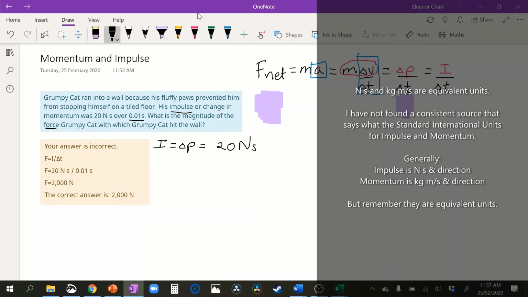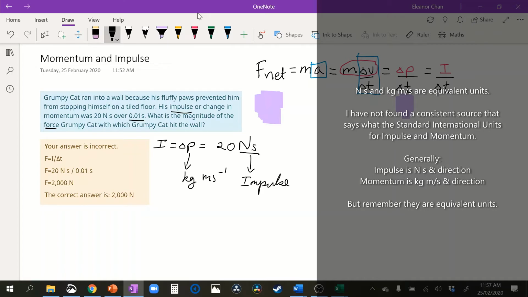If you're given it in kilograms meters per second, okay, that's usually momentum. The Newton seconds is more indicative of your impulse, but they are the same units. They are interchangeable.